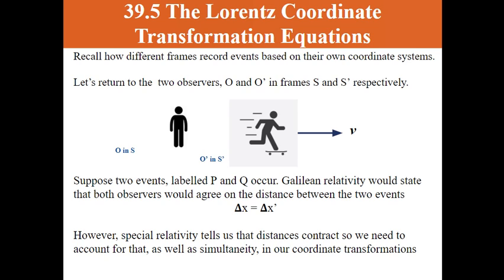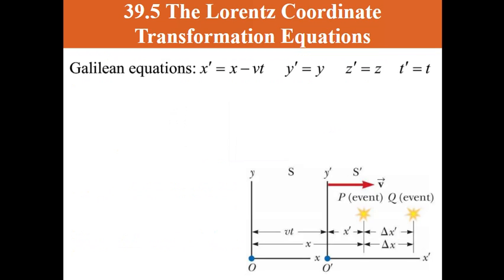So classical physics coordinate transformations do not account for length contraction and for lack of simultaneity at relativistic speeds. So we need to change how we deal with coordinate transformations to make them compatible with special relativity.